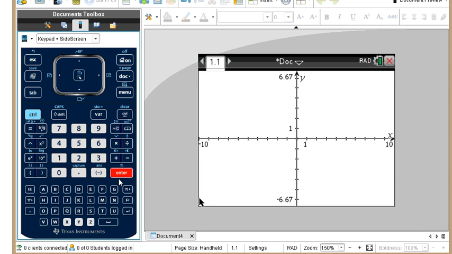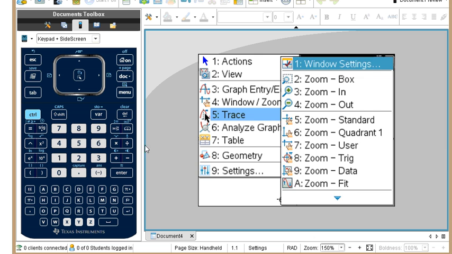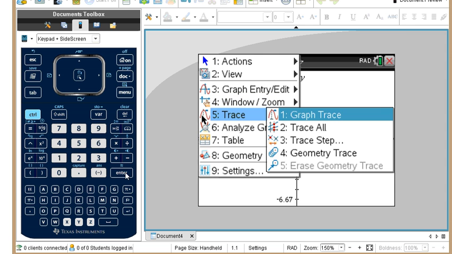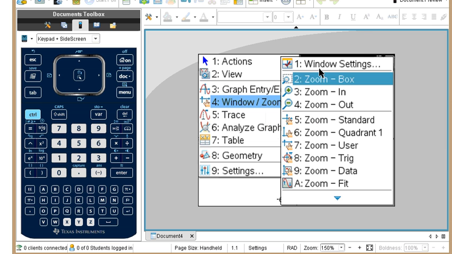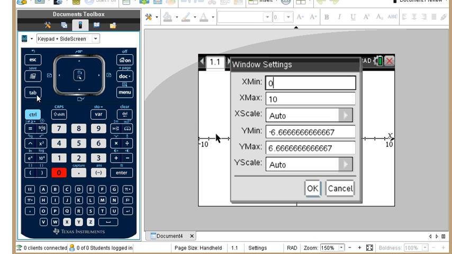Press enter. I don't see anything. We're going to have to change the viewing window. And we're going to go to Window Settings. There we go. And I'm going to go from 0 to 30, kind of similar to what we did in our last problem.